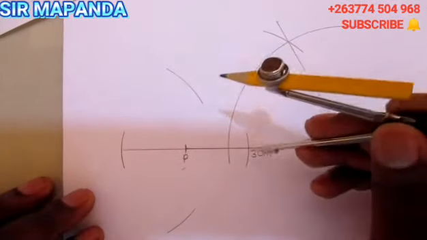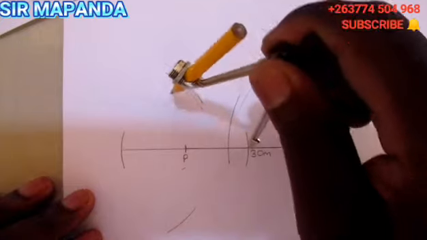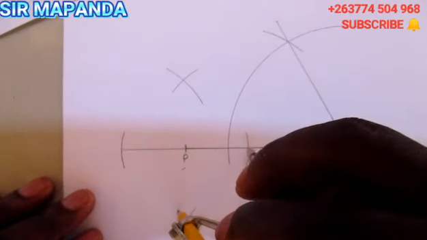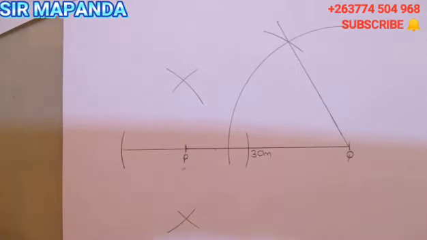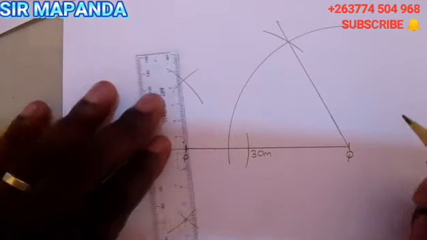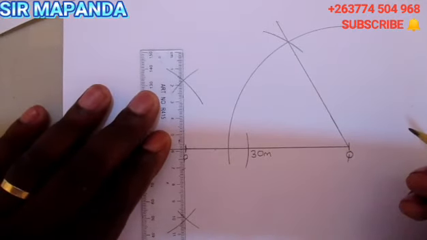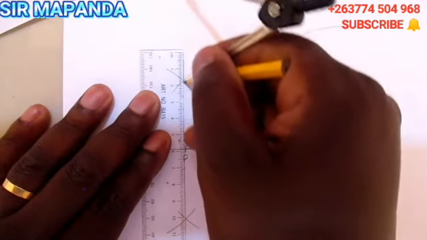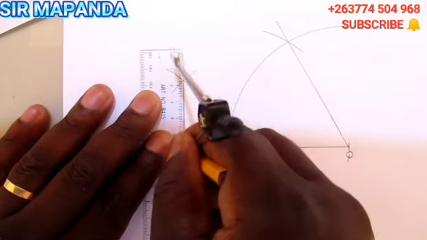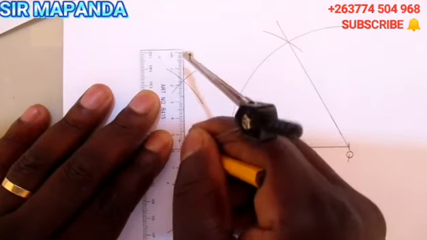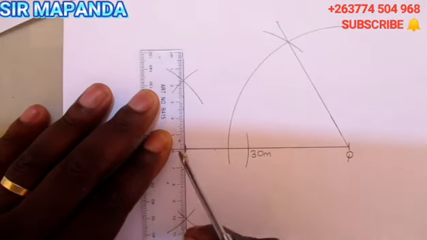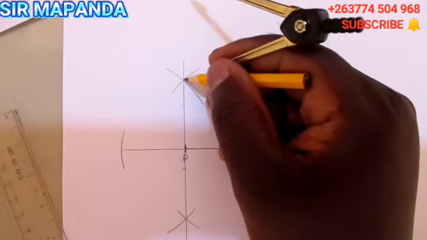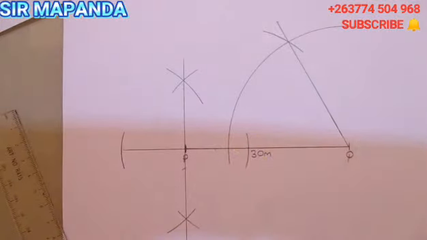Shift the compass, touch the second arc, put another arc above, put another arc below. I hope you are listening. Then you take your ruler and your pencil, you draw a line, making sure that it is passing through this point and this point, right?